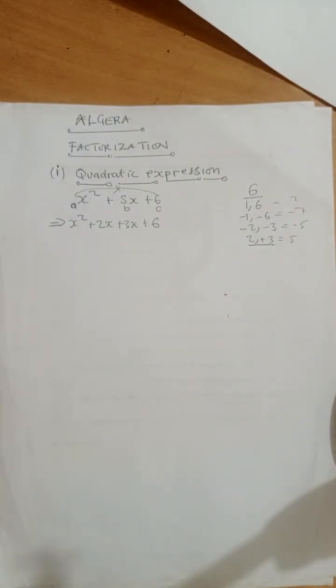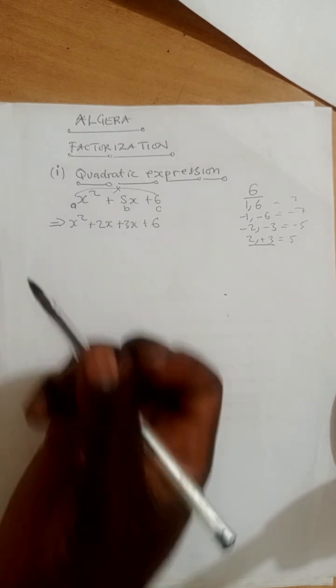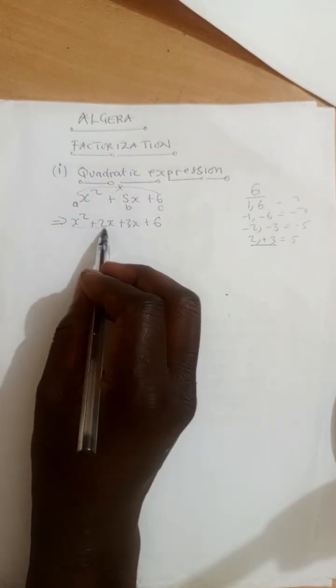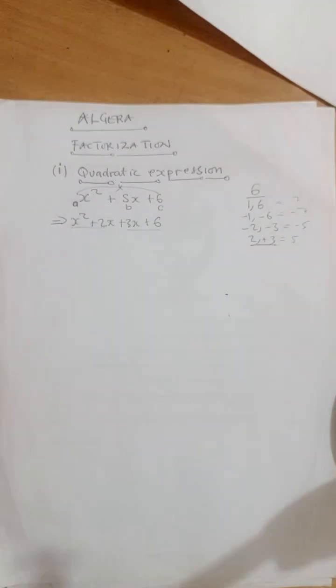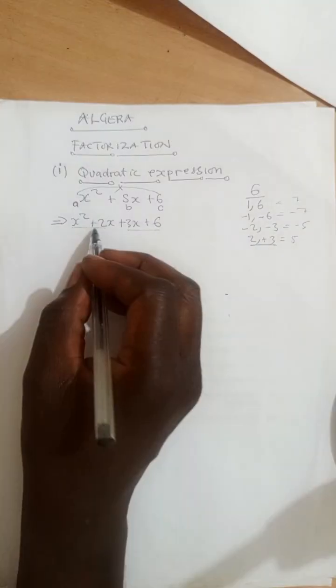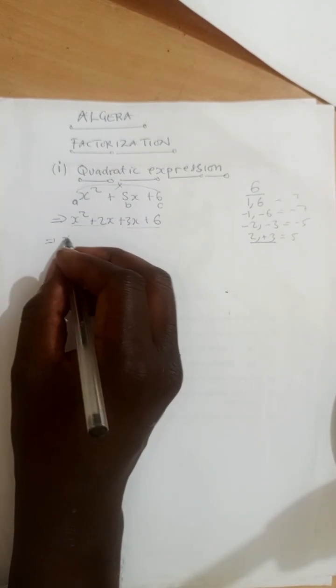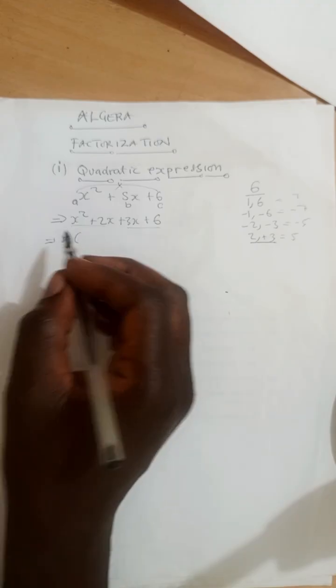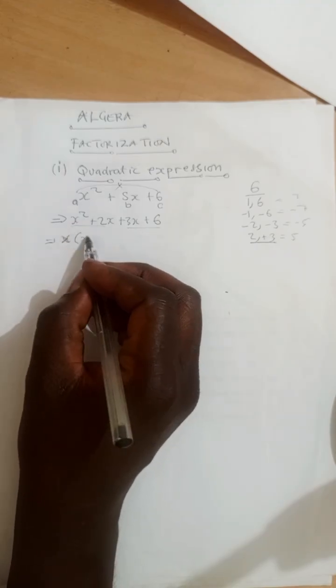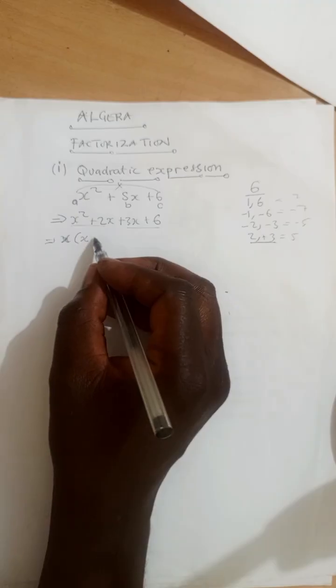Now you are going to factorize this pair alone and this pair also alone. What's common here is x, so you factor out the x. Here it was x squared, which means you'll be left with a single x inside the bracket.